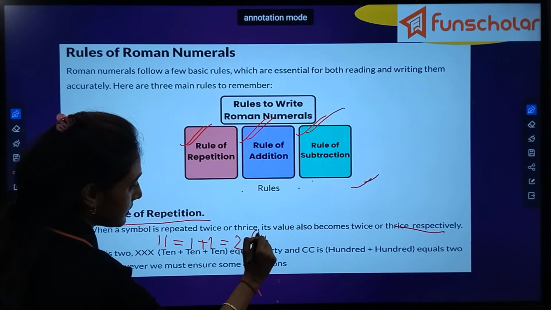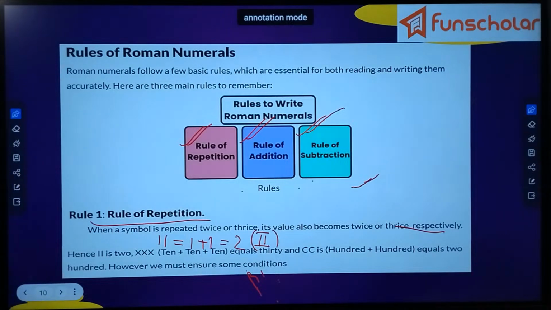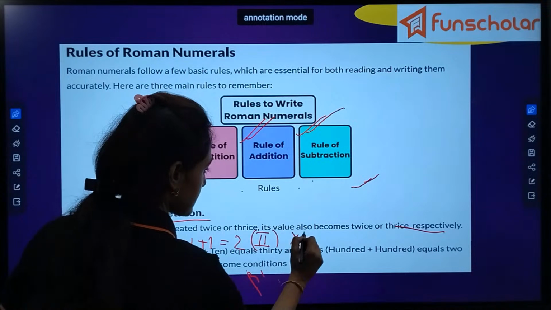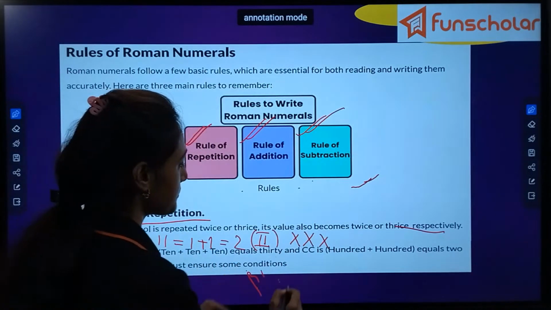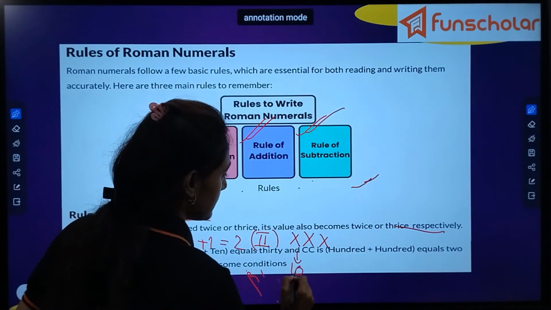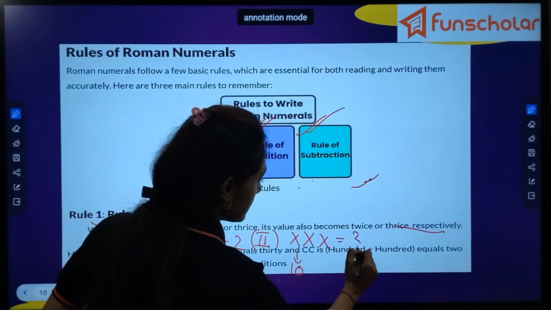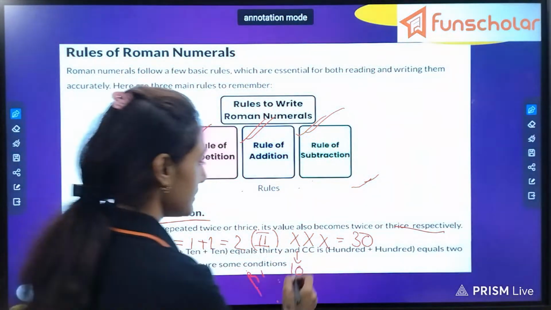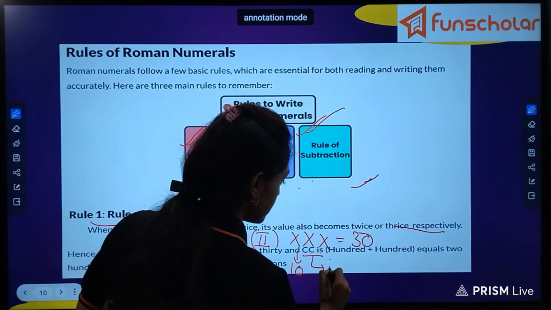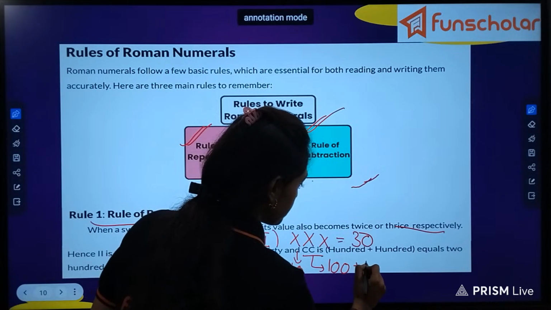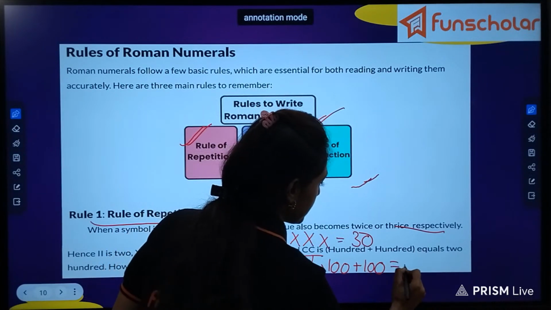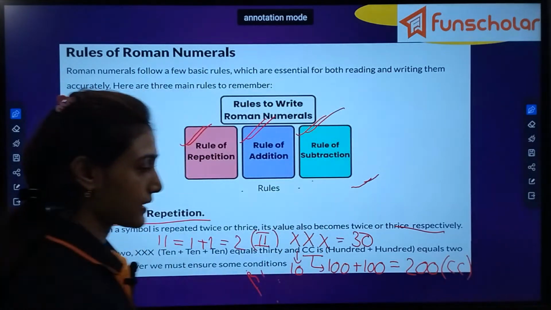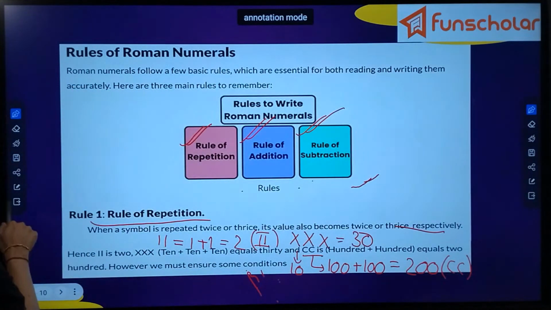That is double I. If X is written thrice, each X represents 10, then XXX will represent 30. Similarly, one C represents 100, another C will represent 100, then it will become 200. CC. Done?